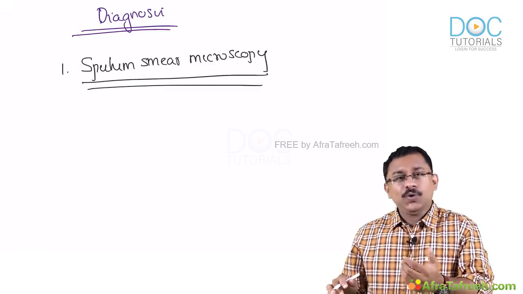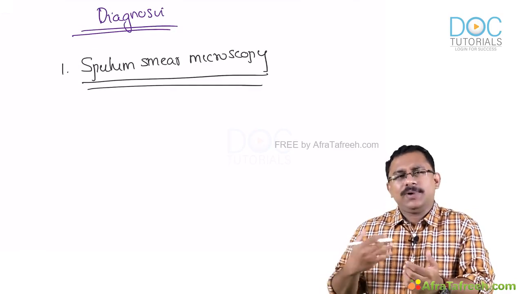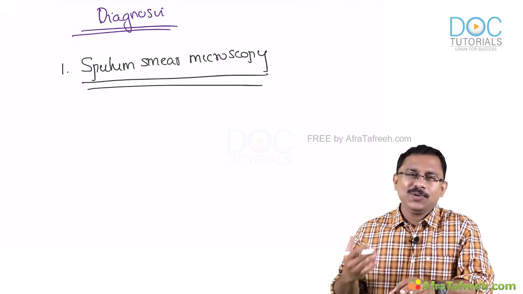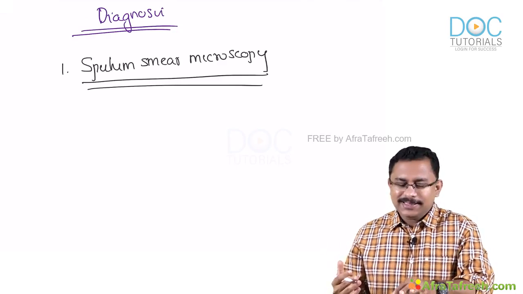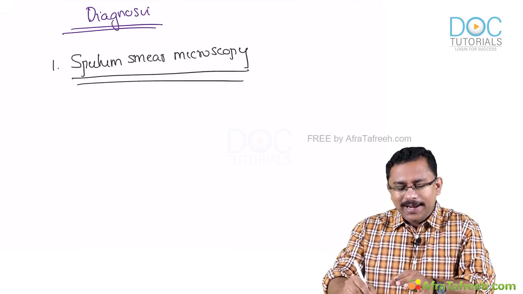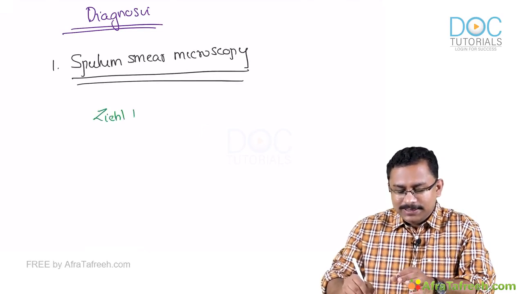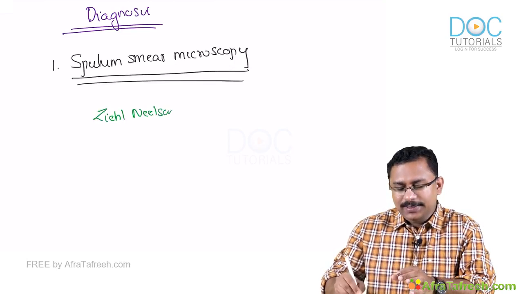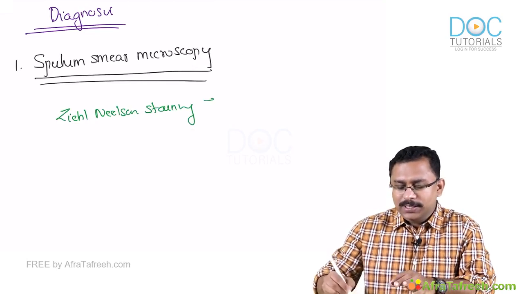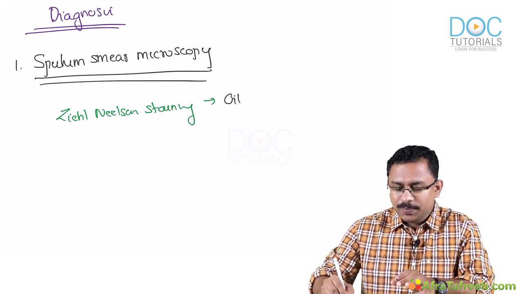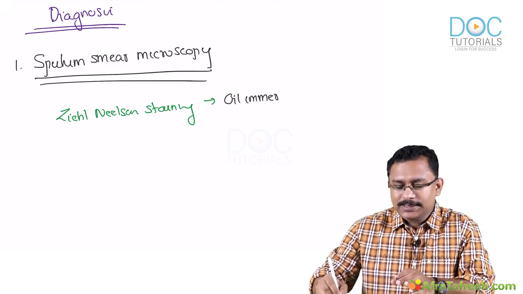When you obtain sputum from an individual and try to demonstrate the acid-fast bacilli, you can do it by Ziehl-Neelsen staining, and you look at these organisms under the oil immersion microscope.